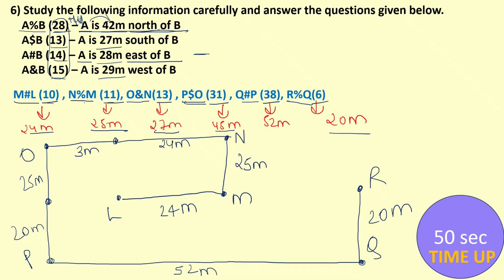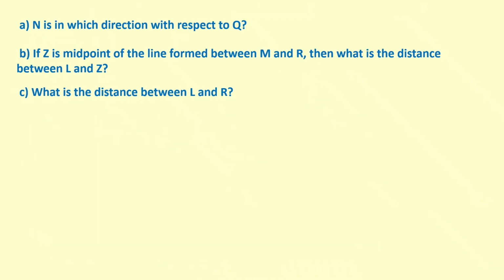Next, we'll move to the questions now. Questions 1 to 3 are there under this. Okay, students, now three questions are there. The first question they have asked is: N is in which direction with respect to Q? Try to solve these three questions. I draw the diagram until that.